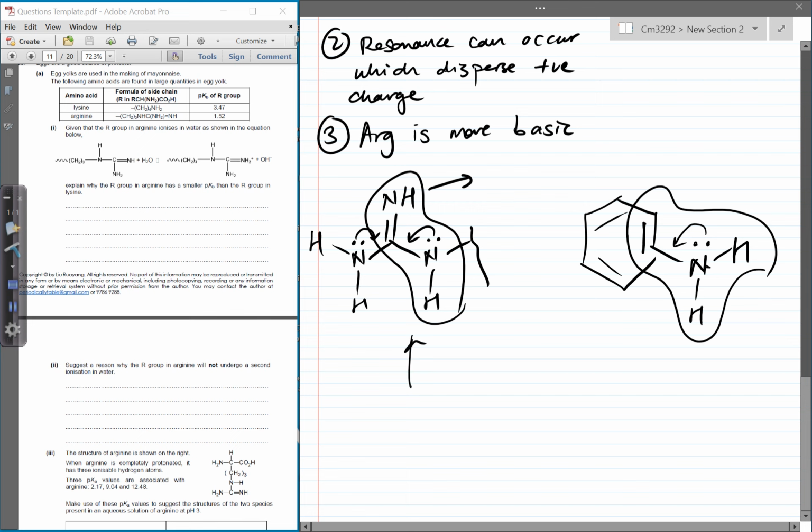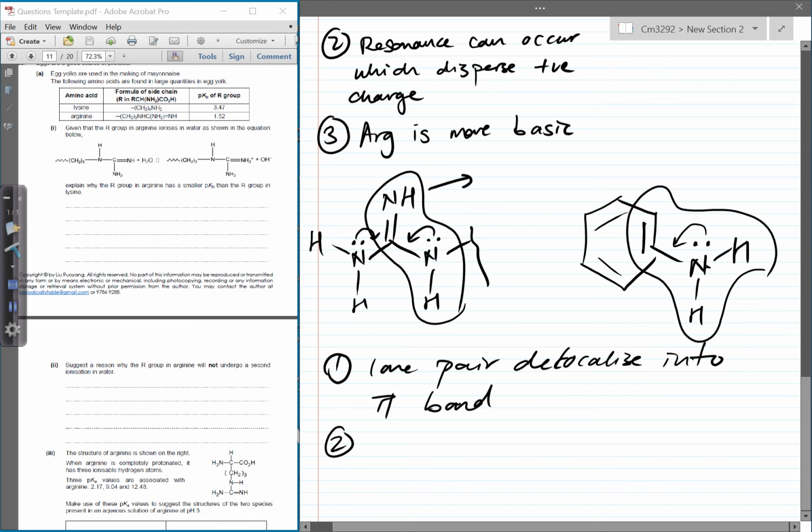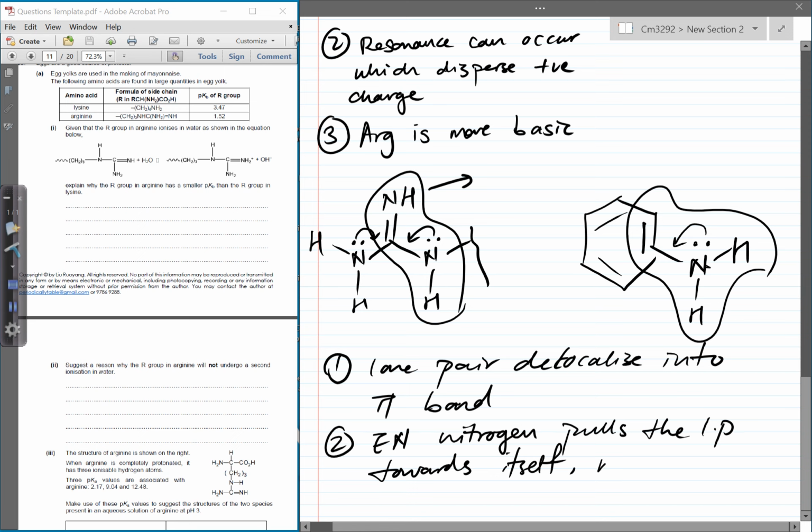So why the R group in arginine will not undergo a second ionization is because, once again, the lone pair is delocalized into the pi bond. And then you can further talk about the electronegative nitrogen pulling the lone pair towards itself, making it less available.